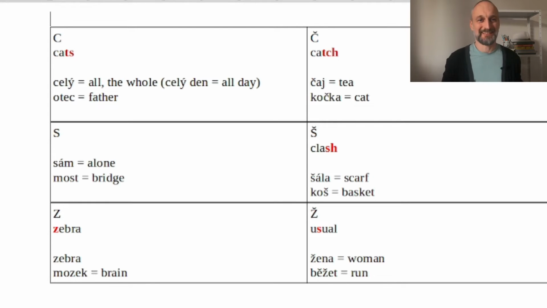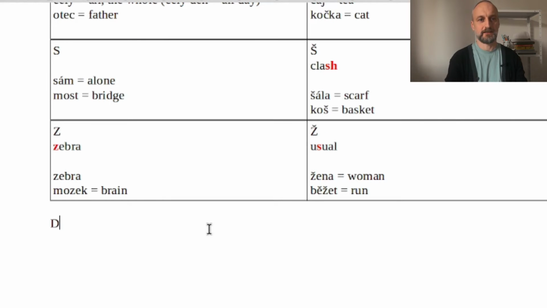Okay, so now let me make a nice and tidy table out of these. All right, that's better. So now we have the consonants c, č, s, š, z, ž in one table. Now, you remember when we talked about d, t, n, and their variants with the hook, which would be ď, ť, ň.